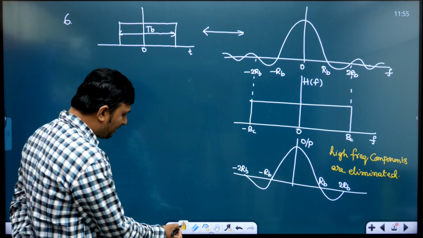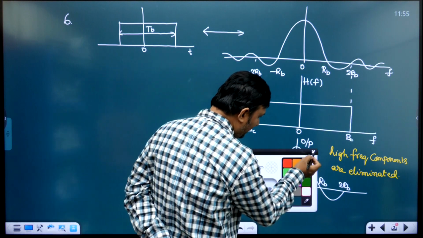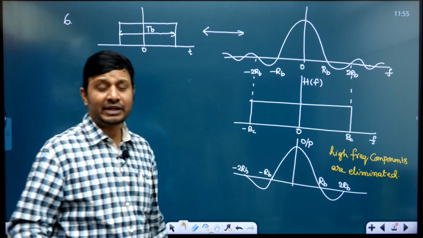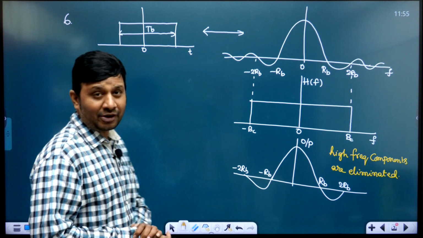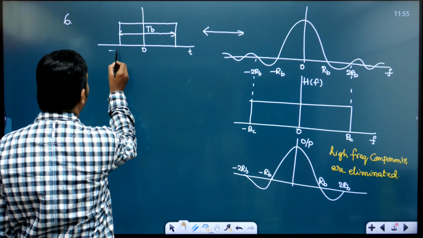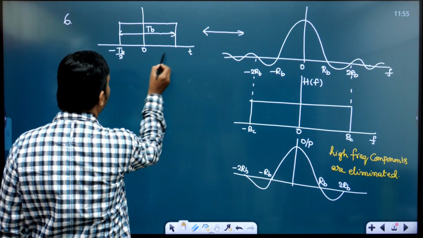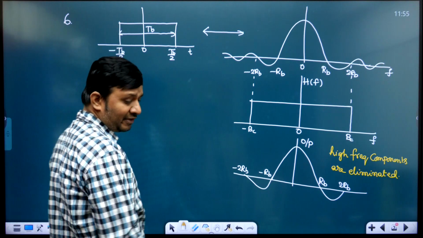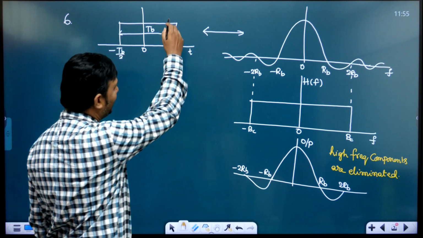Now if high frequency components are eliminated, does this have any effect in the time domain? Yes, definitely it will. Because remember, my dear students, suppose I call this minus TB by 2 and this TB by 2, no? At minus TB by 2 there is a sudden rise, and at TB by 2 there is a sudden fall.